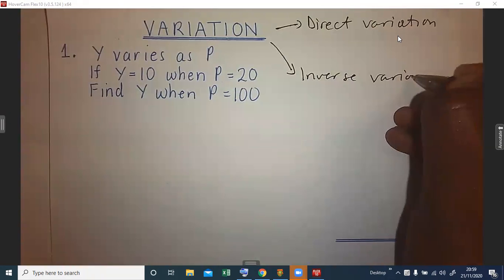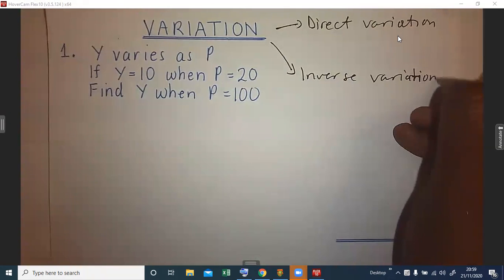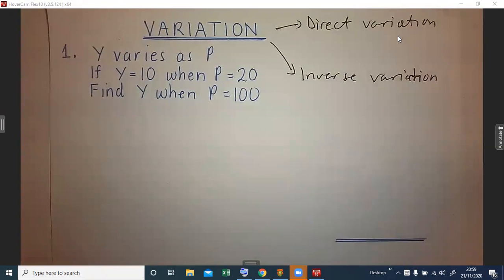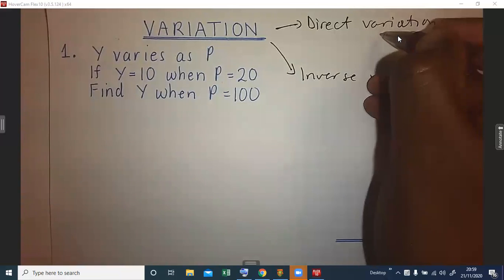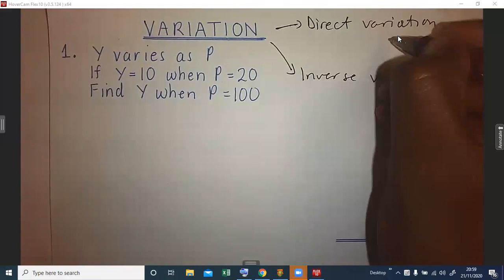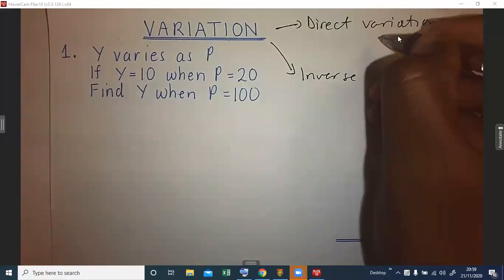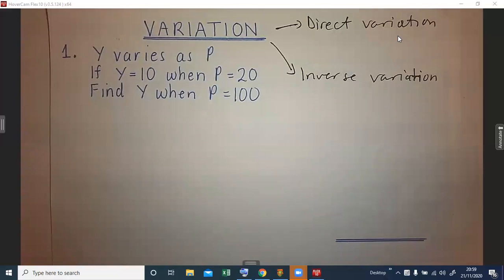Direct variation is like proportional and inverse is like inversely proportional. So the difference is that for direct, it is the numerator, and for inverse it will become a reciprocal, or will become a denominator.